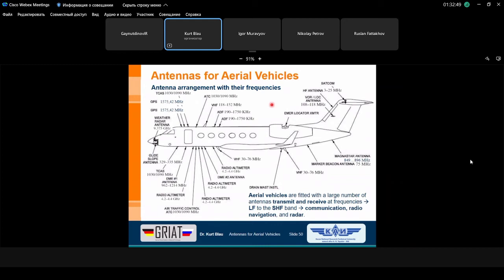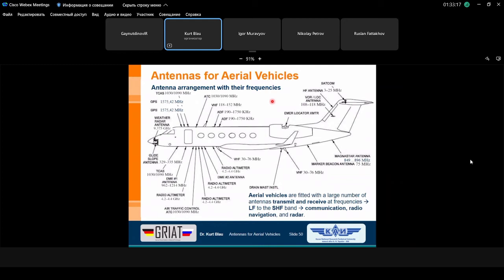And here we have, more or less, a figure showing which radio services and which antenna systems, and which frequency range, we have to count on in the case of a normal civilian aeroplane.